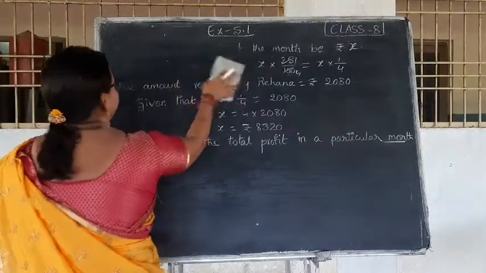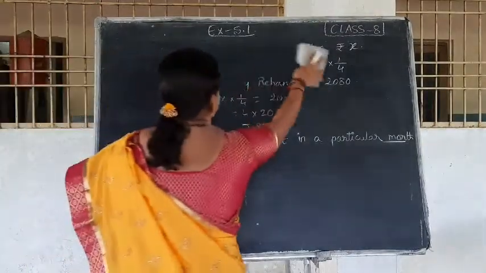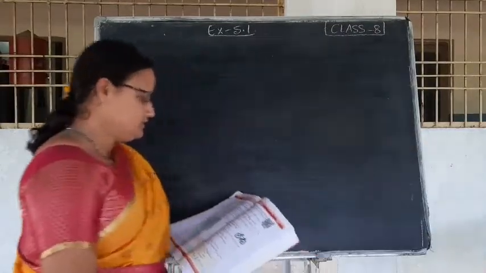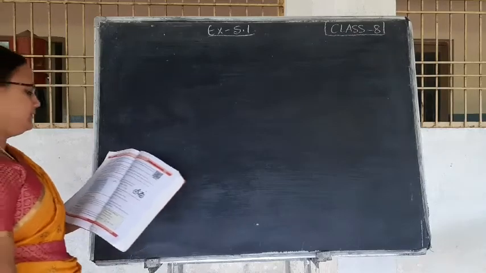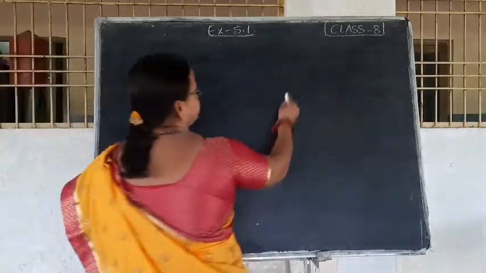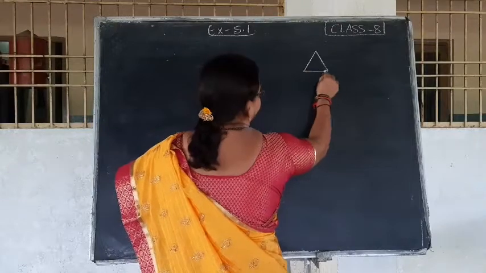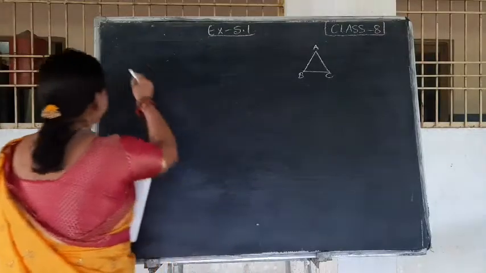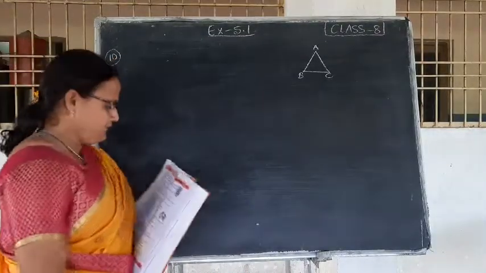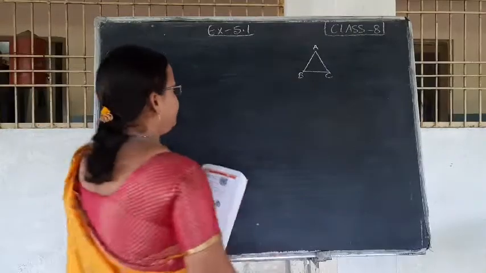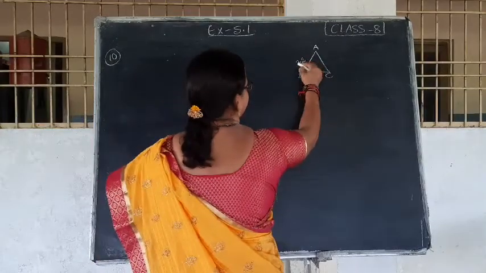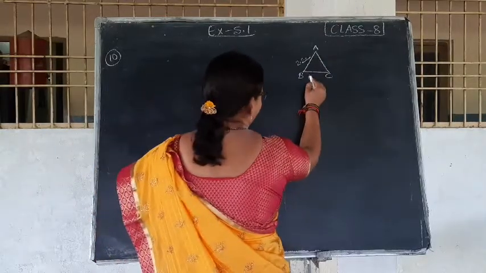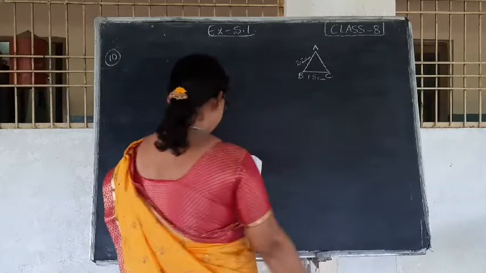So the 10th problem is on triangles. Two triangles comparison. Okay. So in a triangle ABC, AB is 2.2 centimeters and BC is 1.5 centimeters.